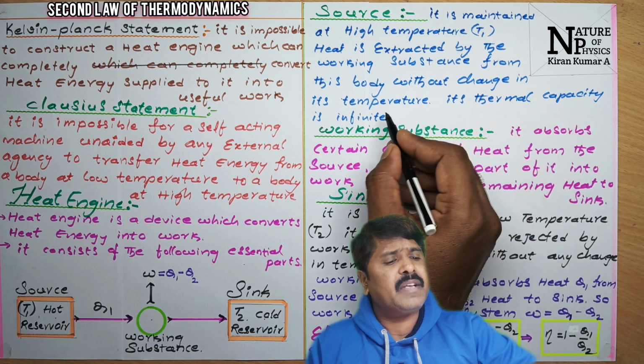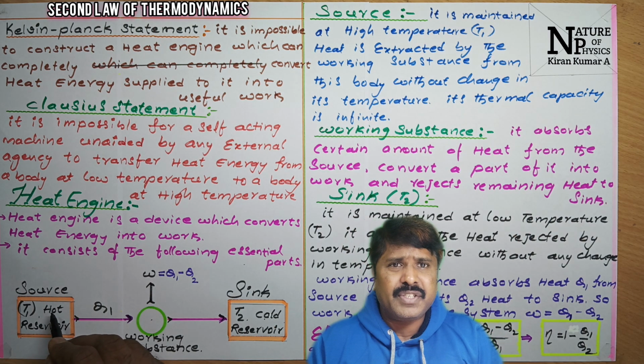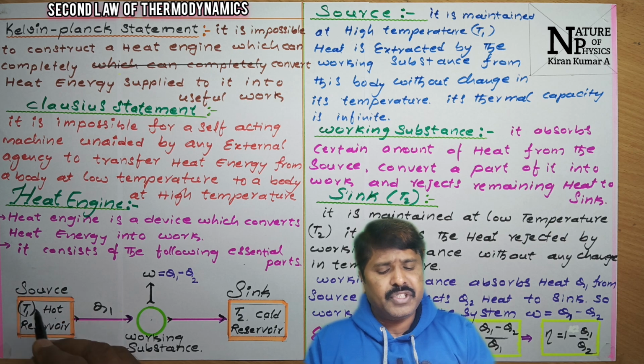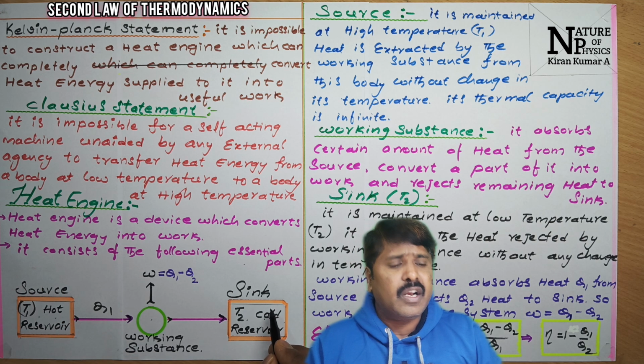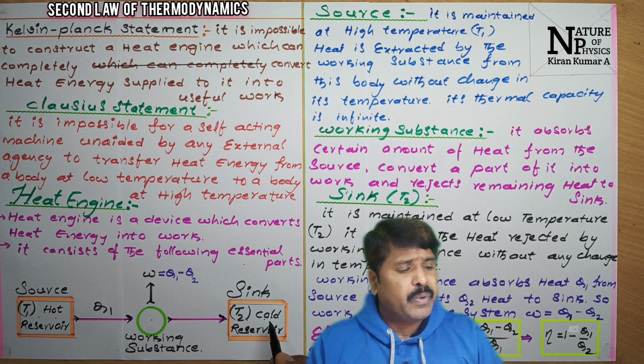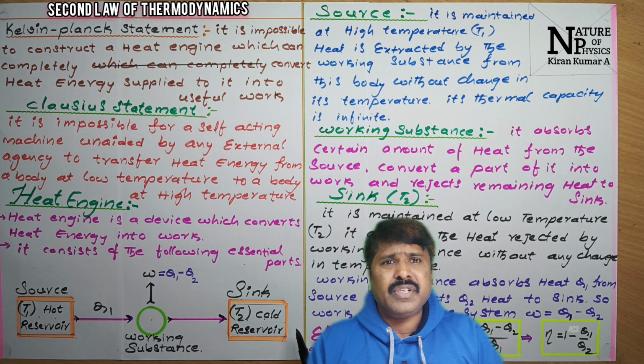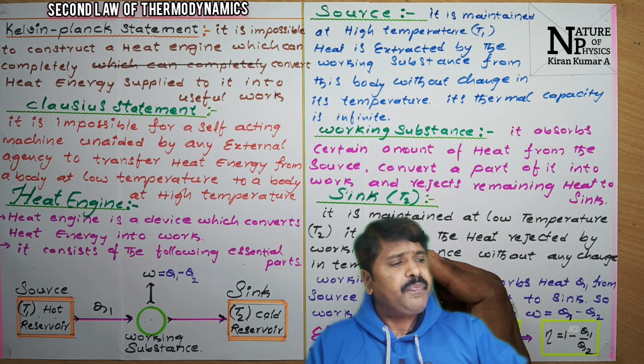Its thermal capacity is infinity, student. So the source, a hot reservoir at high temperature, has infinite thermal capacity. The sink is also a low temperature, cold reservoir, student, and its thermal capacity is also infinity. Okay, and now the working substance of the heat engine is considered.